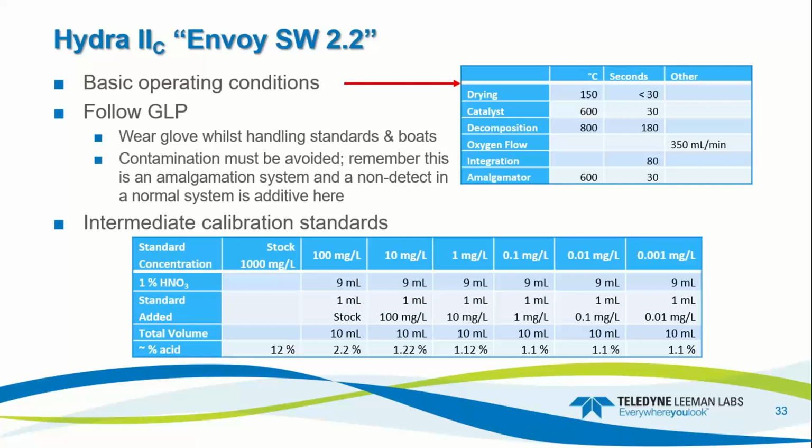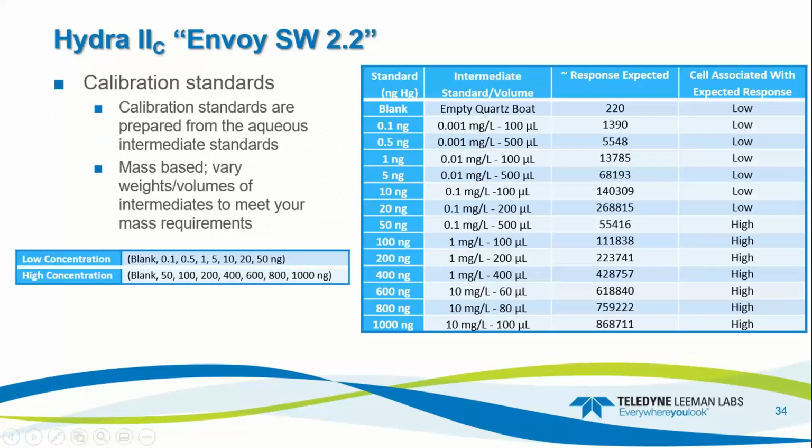How do I make my intermediate calibration standards? I start with 1,000 ppm stock solution. I do serial dilutions 1 to 10 across this range, ultimately ending up with a 1 ppb or 0.001 milligram per liter standard. And then what you do is it's mass-based.